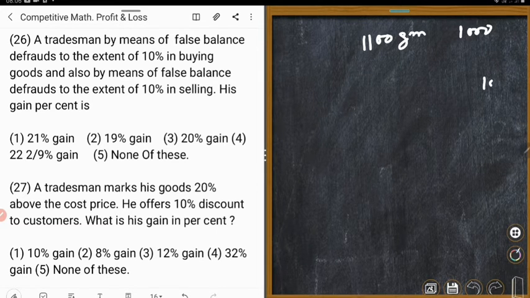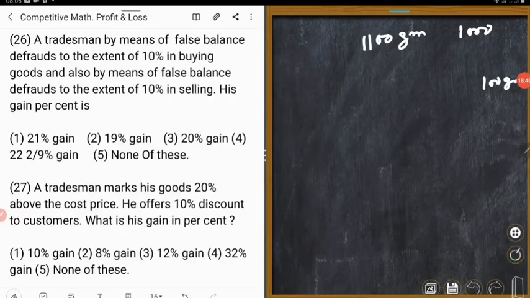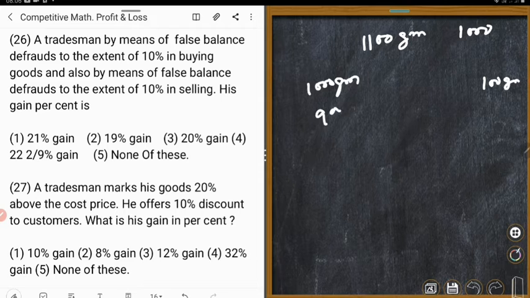Here he gets 100 gram profit. Could you understand? And also he gives how much? Gives 10% less, that is instead of 1000 gram he gives 900 gram. Here also another 100 gram. Total 200 gram profit.